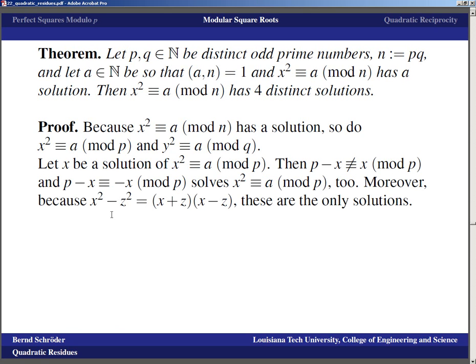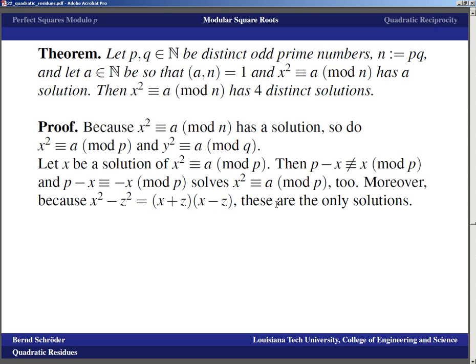And moreover, because x squared minus z squared is x plus z times x minus z, these are the only solutions, because if I ever had 2 solutions, then p would have to divide this product, which means it would have to divide either the sum or the difference, so the numbers really are either equal or negatives of each other.